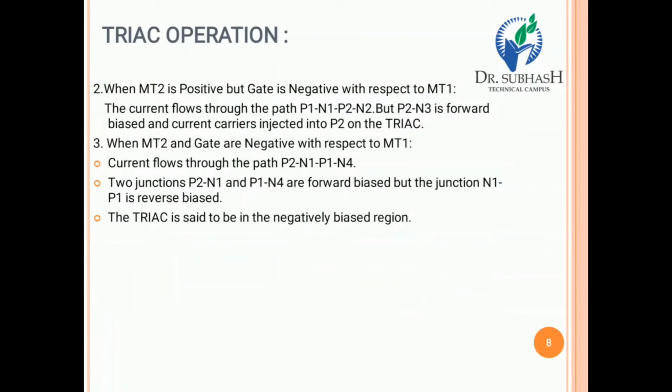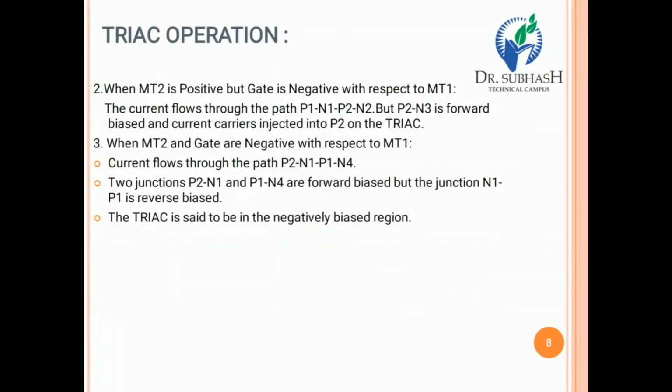Now the second mode. In the first mode, MT2 and gate are positive with respect to MT1. Now in the second mode, MT2 is positive but the gate is negative with respect to MT1. In the first mode, both are positive with respect to MT1, so current flows through the path P1, N1, P2 and N2.